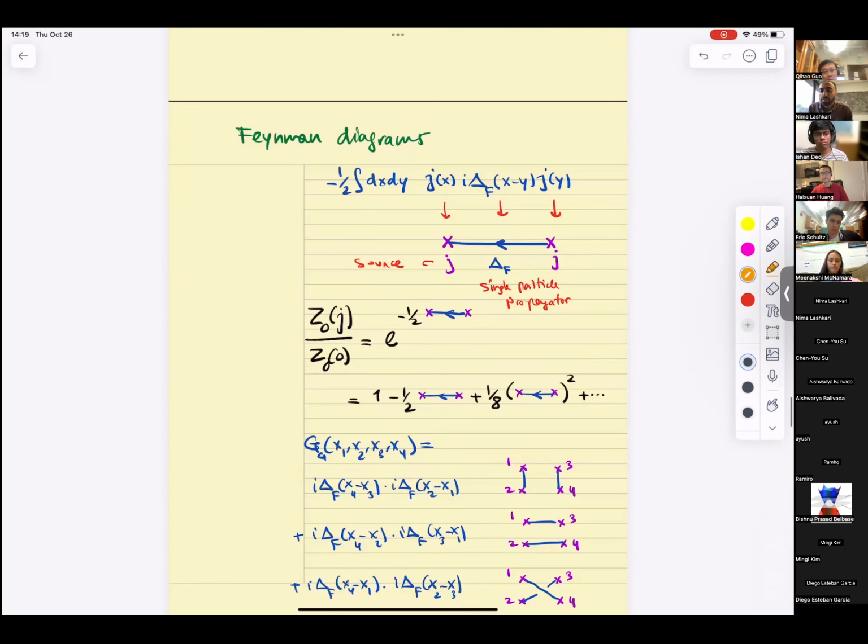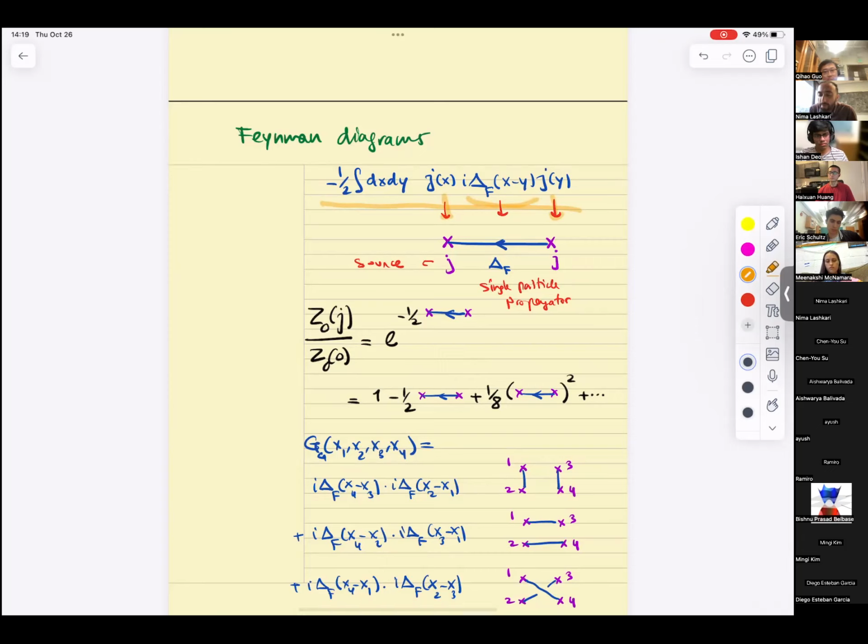So now, just some notation. This was the expression that we found for the log of the generating function. I'm going to denote this in the following way, using the same notation as before. For these J sources, I'm going to put purple crosses and write J under them.